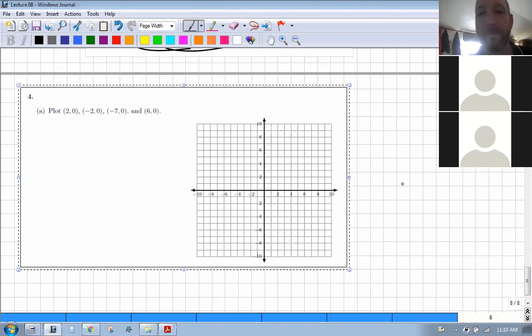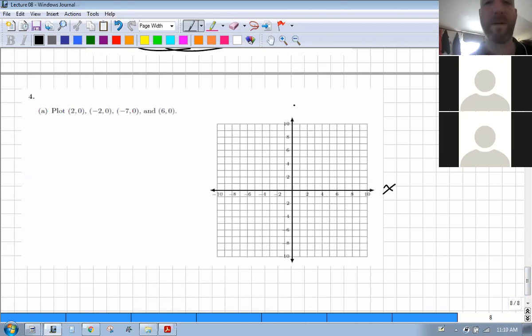All right. X-axis, y-axis. Plot 2, 0. We go to the right 2 and go up and down 0. So that's 2, 0. -2, 0. Go to the left 2. Don't go up or down. -7, 0.